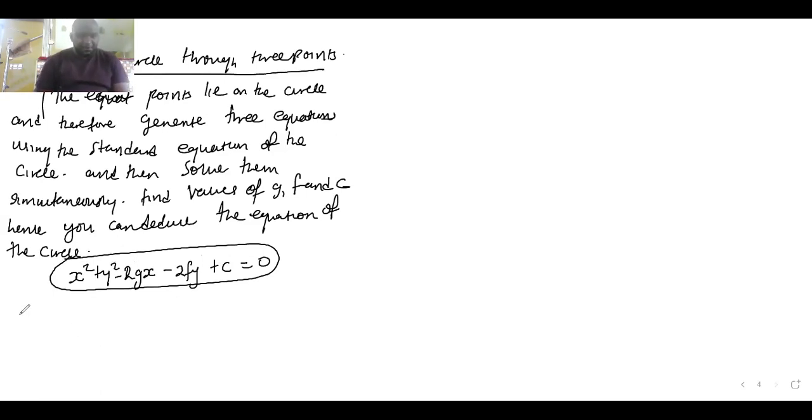So question, of course, if I give 2 numbers, one is for the teacher, one is for the learners. Find the equation of the circle passing through the following points.